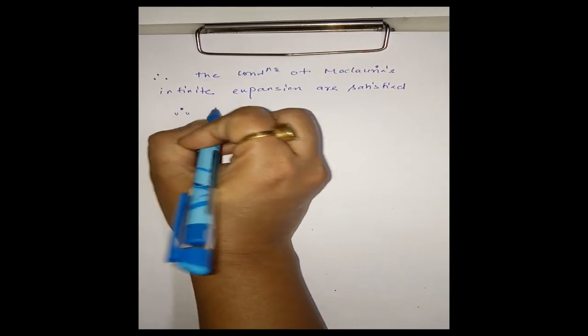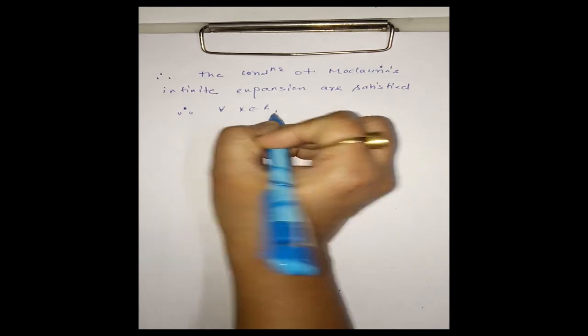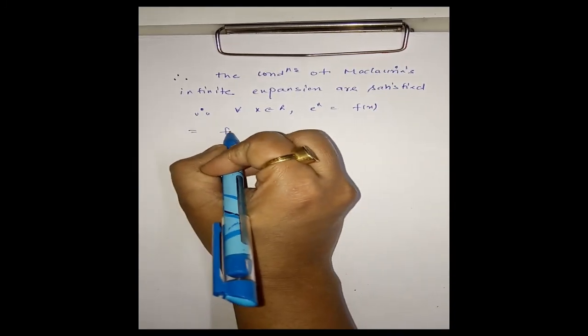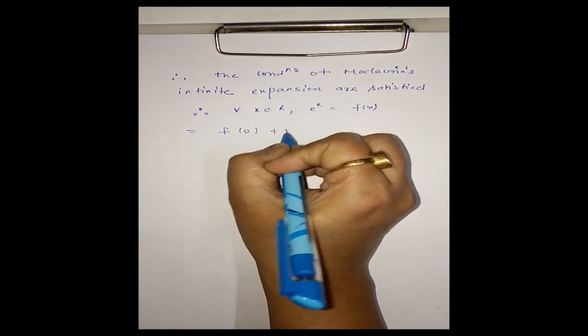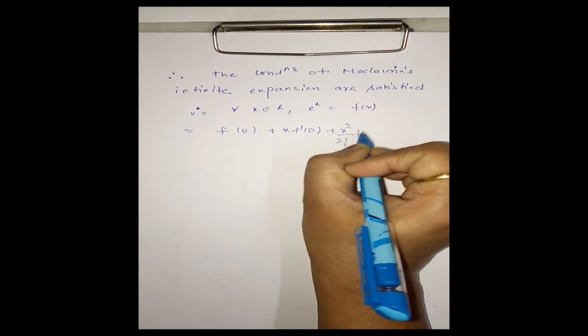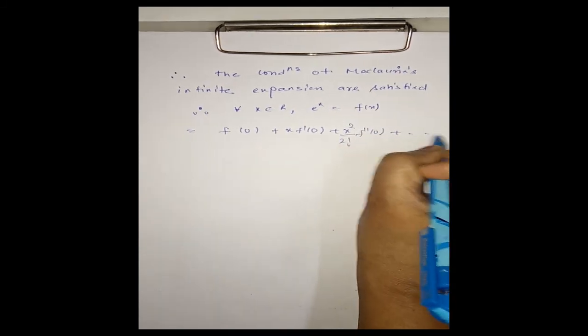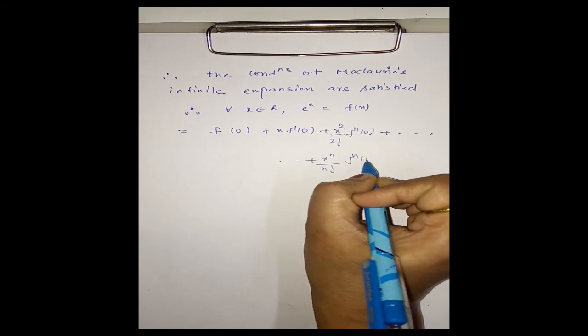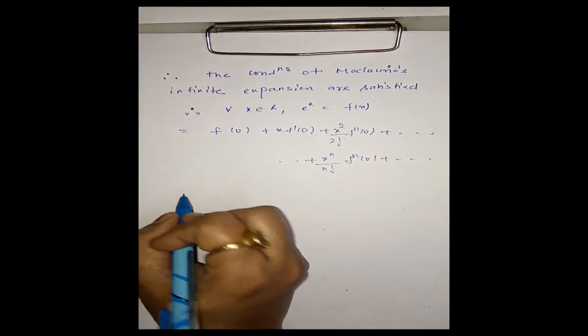Therefore, for every x belonging to R, e^x, f(x), has the form f(0) plus x f'(0) plus x squared by 2 factorial f''(0) plus x^n by n factorial f^n(0), and this series is infinite.